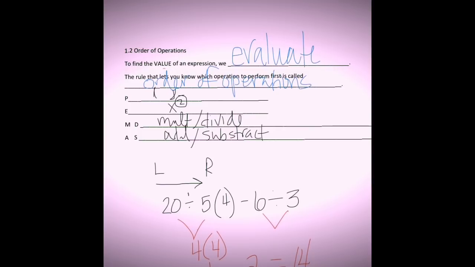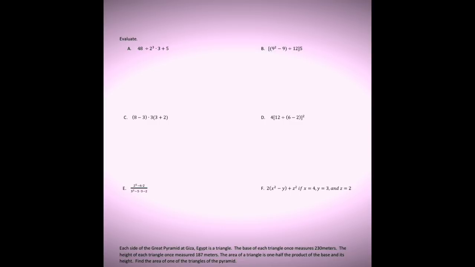Whoops. Sorry, guys. 32. All right, example A. We are evaluating, and that says 2 to the 6th power. 2 to the 6th power is the same thing as repeated multiplication. 2 times 2 times 2 times 2 times 2 times 2. 2 times 2 is 4. 2 times 2 is 4. 2 times 2 is 4. 4 times 4 is 16.